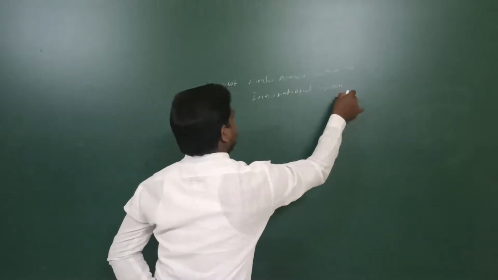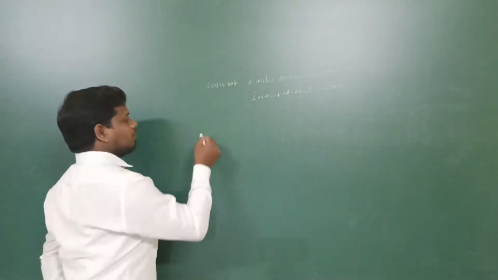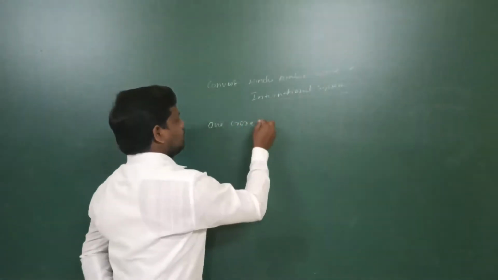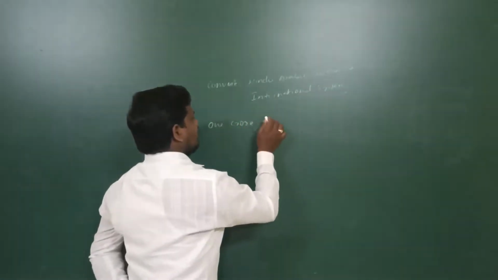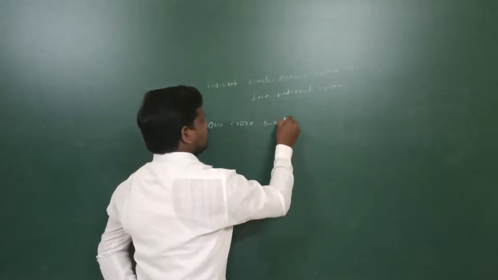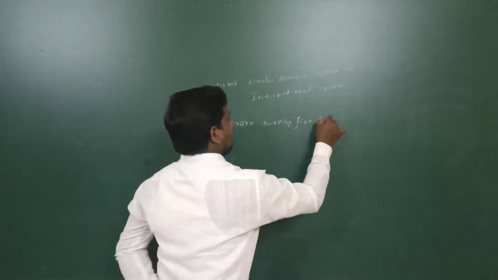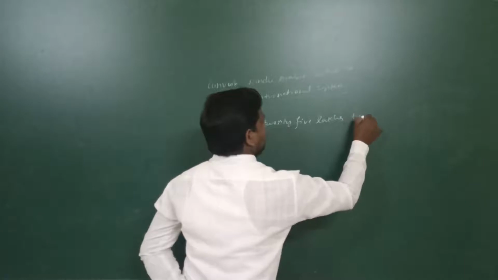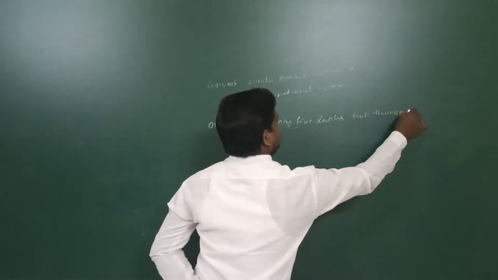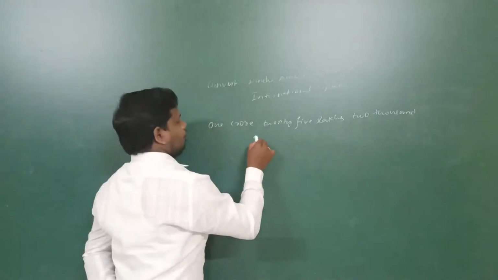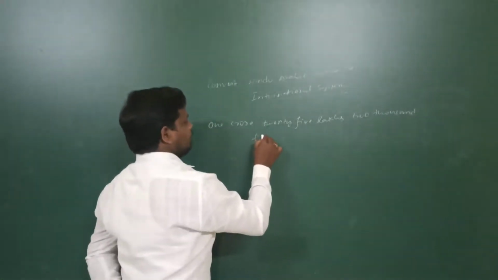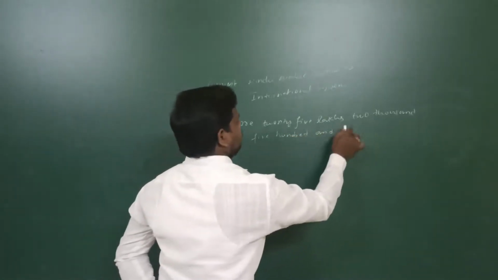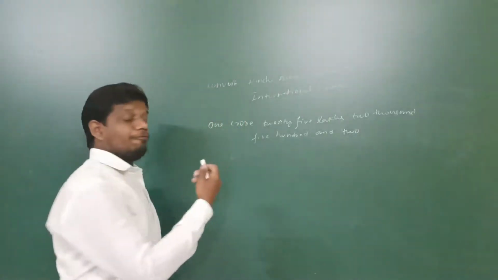For example, convert 1 crore 25 lakhs 2000, 500 and 2, into the international system.